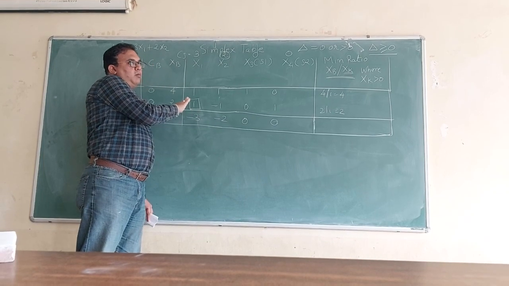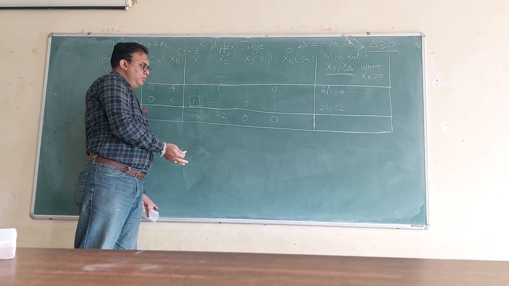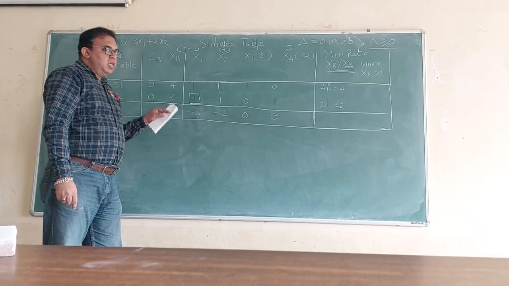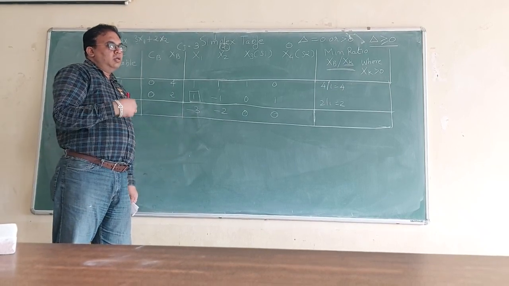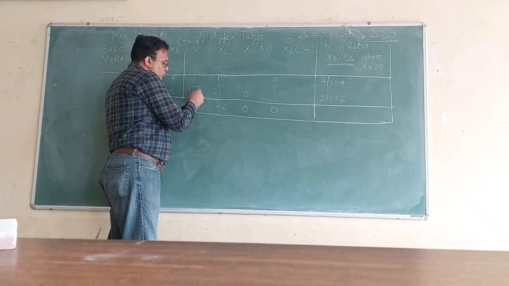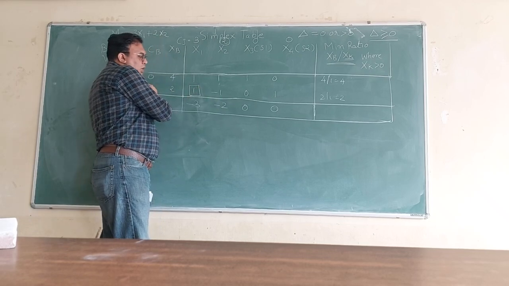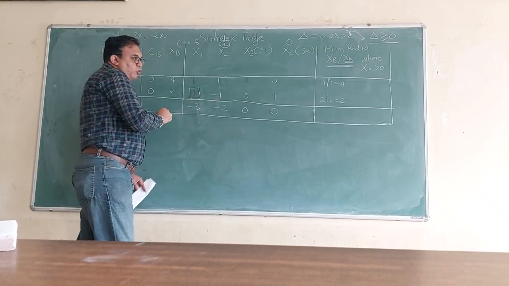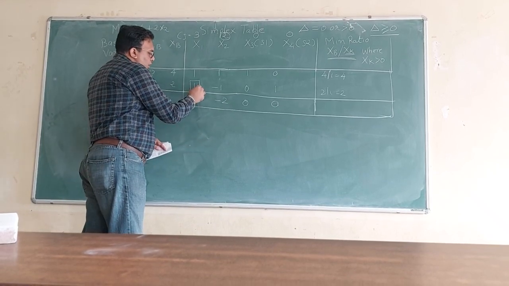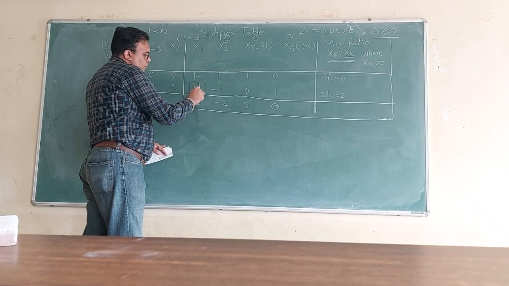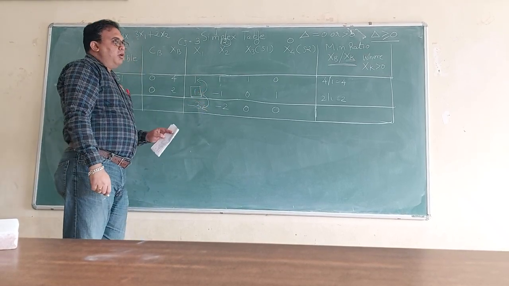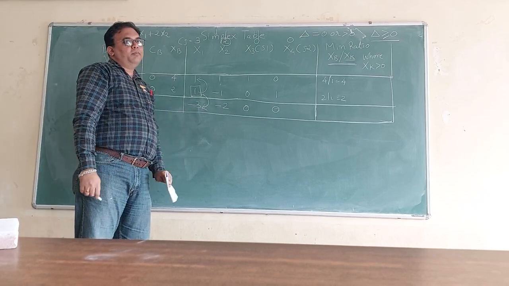Now we have to put one more table. It means we have to construct one more table, and in that table some rules we have to follow. Which rule we have to follow? This row, the key element row, we have to put it same as it is in a new table, and this element and this element we must convert into 0.